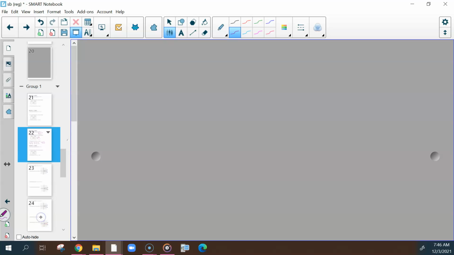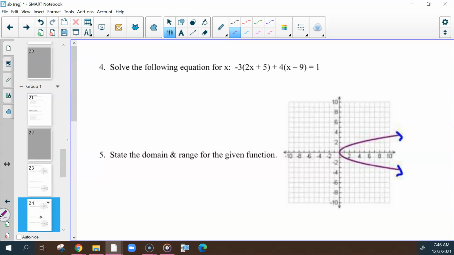And then on the back, number 4, you needed to solve. To distribute twice, to get negative 6x minus 15 plus 4x minus 36 equals 1.